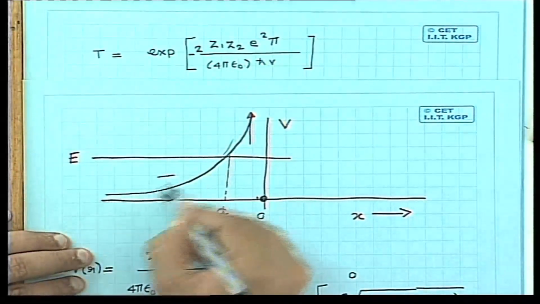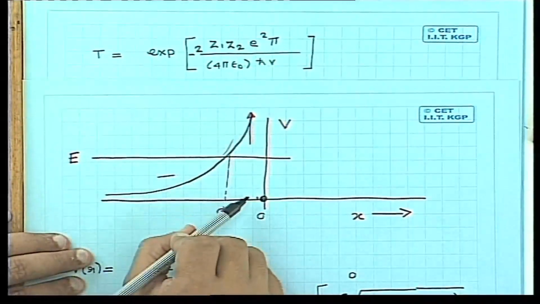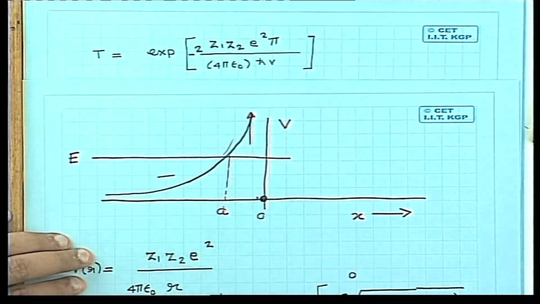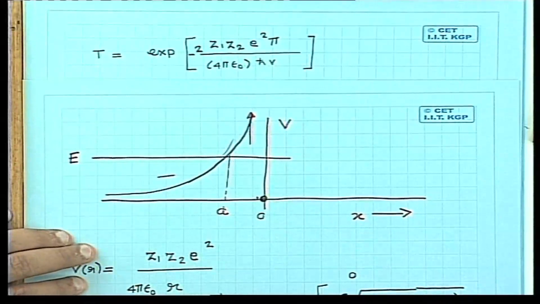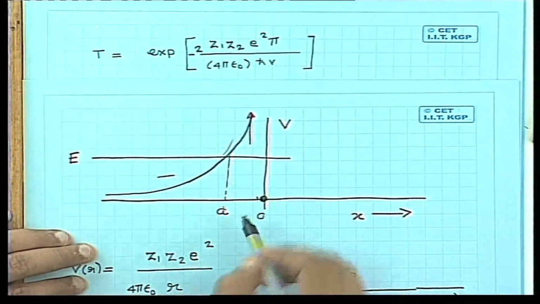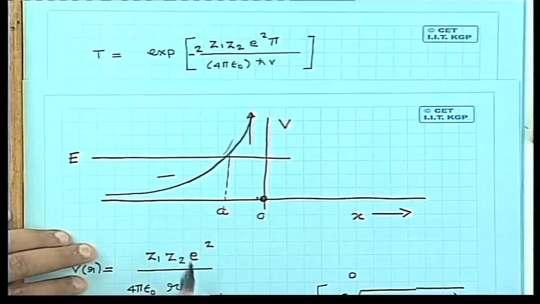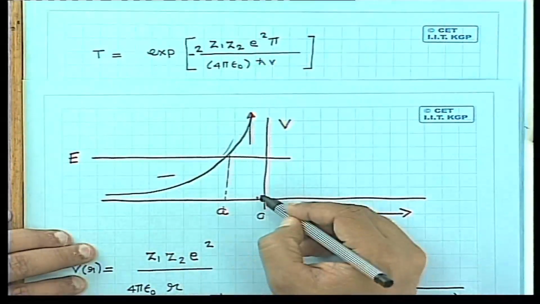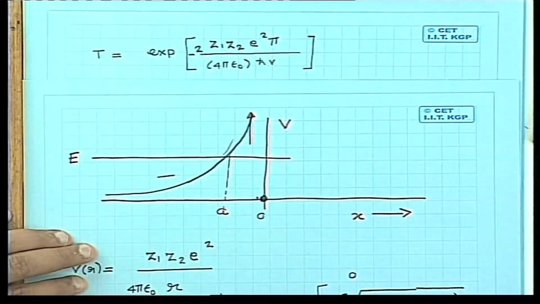The alpha particle has to overcome this potential to get to this nucleus. And the only way it can do that is to tunnel through this potential. So the larger the charge of the incident particle, the less is the probability of it getting to this nucleus.